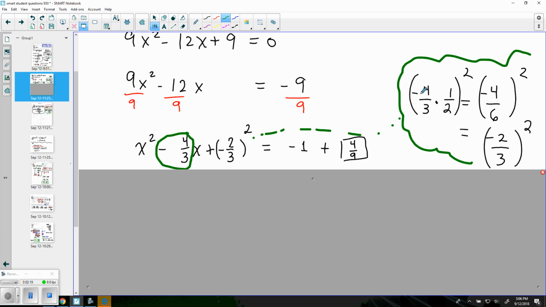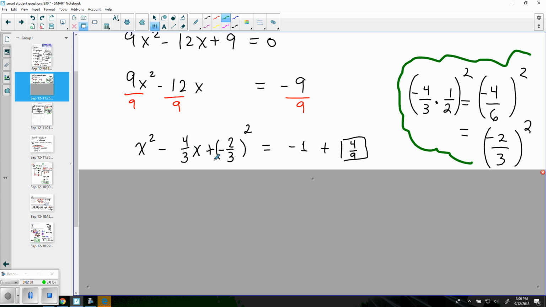So here's the middle term's coefficient times half, or divided by 2. And then squared, right? And the square of that is +4/9. So we've added the same quantity to both sides of the equation, keeping everything equal.